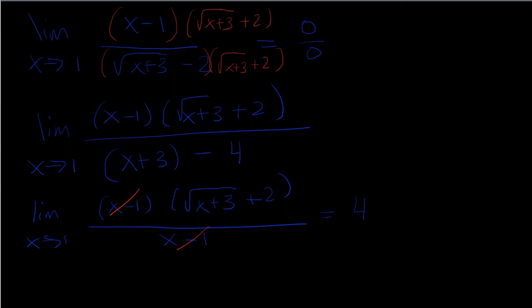Let's try a little more difficult problem next. I'm given the limit as x approaches negative 1 of (square root of x squared plus 8, minus 3) all over (x plus 1). If I plug in x equals negative 1, I get 0 over 0.